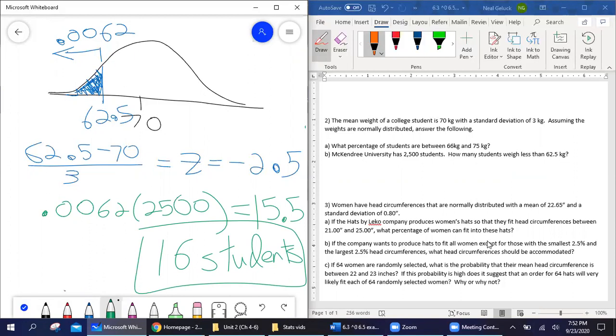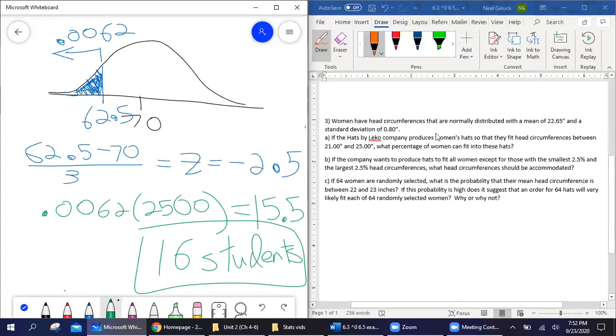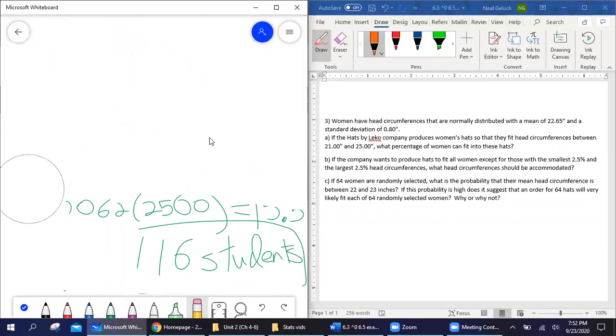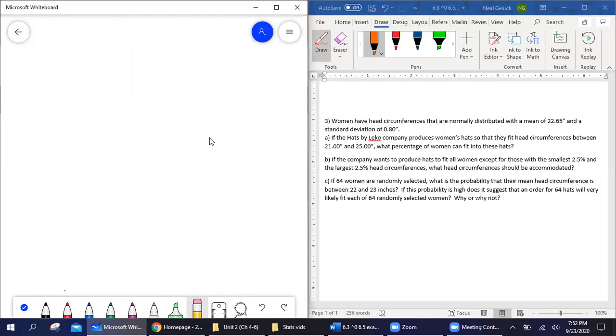For number 3, this one's going to involve at some point the central limit theorem, but the first 2 parts are similar to what we've been doing. So we're looking at the head circumference of a woman. A company makes hats and needs to know how big to make their hats.